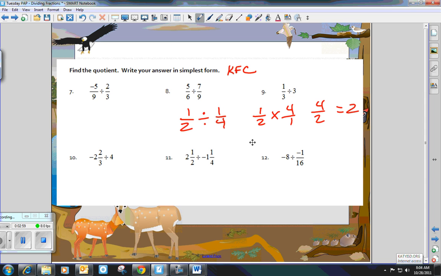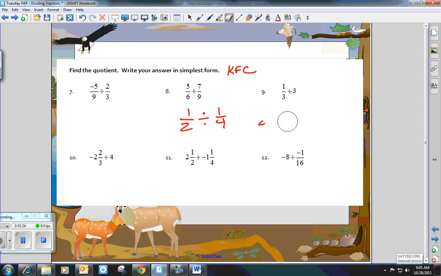If we flip the first one, that becomes 2/1, and we keep the second one, 1/4, and then we multiply, we get 2/4 or 1/2. We already started with 1/2, so that can't be the right answer. So you cannot flip the first one over and have it work. It just won't work. You have to flip the second fraction over and multiply.